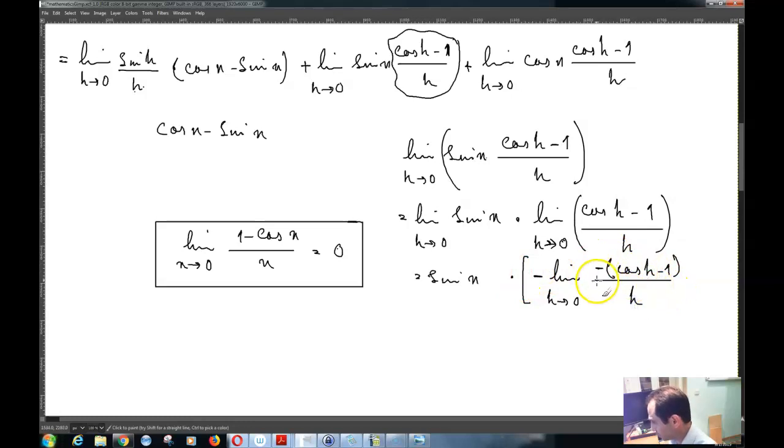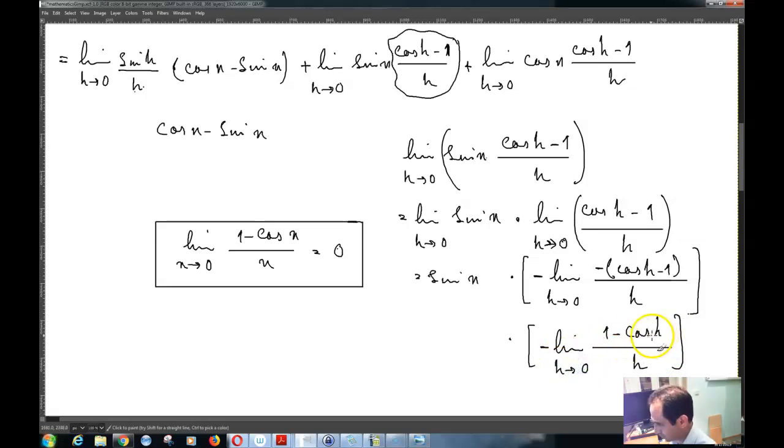So this is now equal to negative times the limit of 1 minus cos h over h as h tends to 0. That is exactly the thing over here, which is equal to 0.